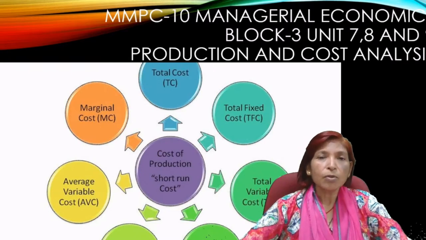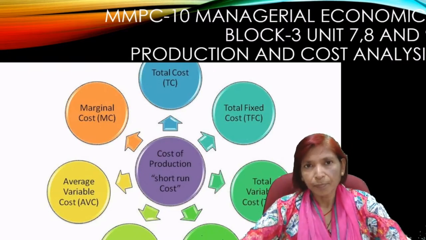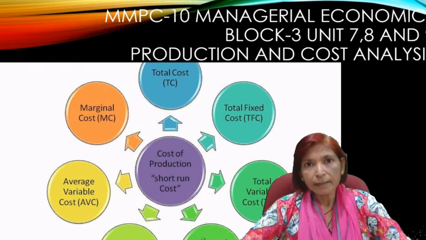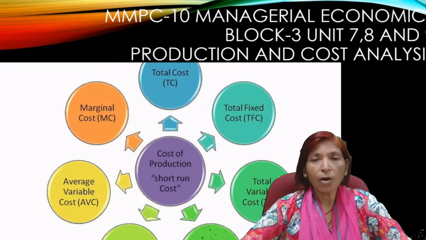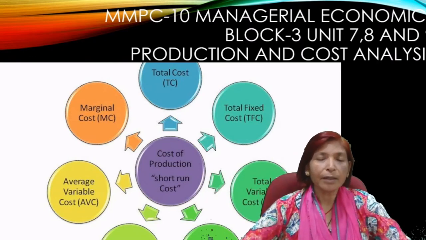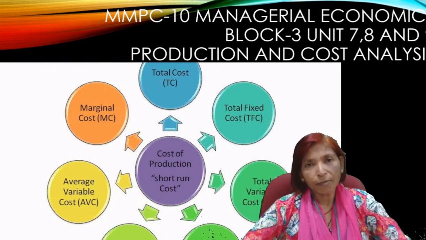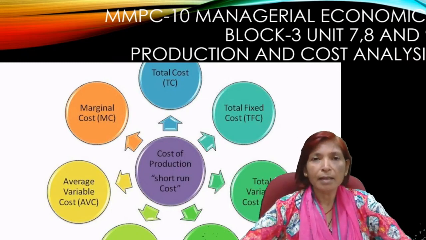And by using land, the reward for land is rent. If we hire labor from outside, then the reward for labor is wages or salaries. And the reward for using capital is interest. And entrepreneur reward is profit. So all these rewards are factors of productions considered as cost.